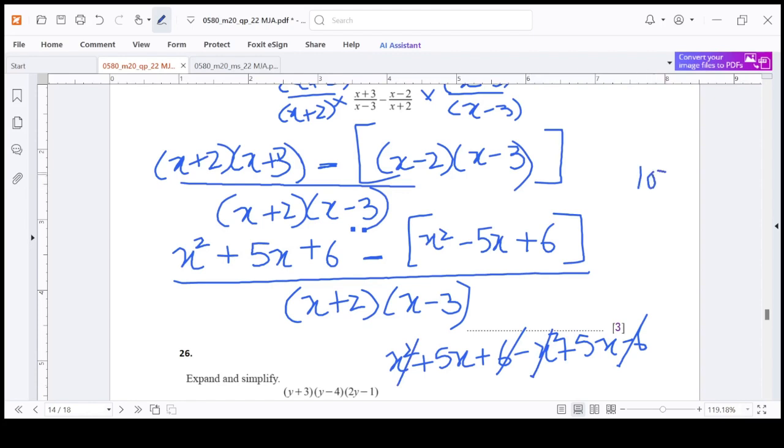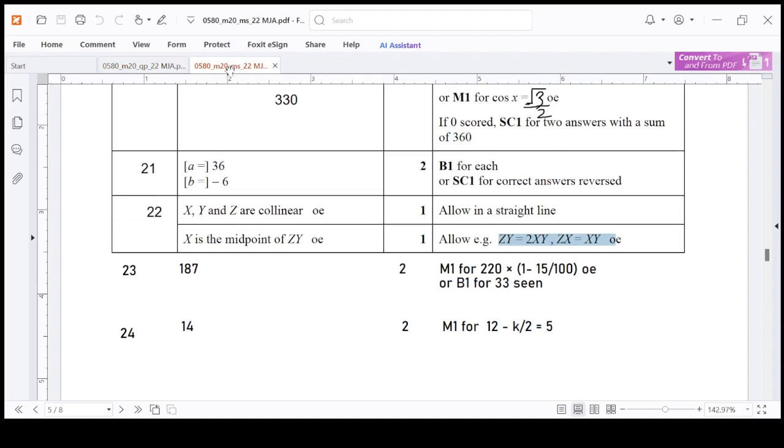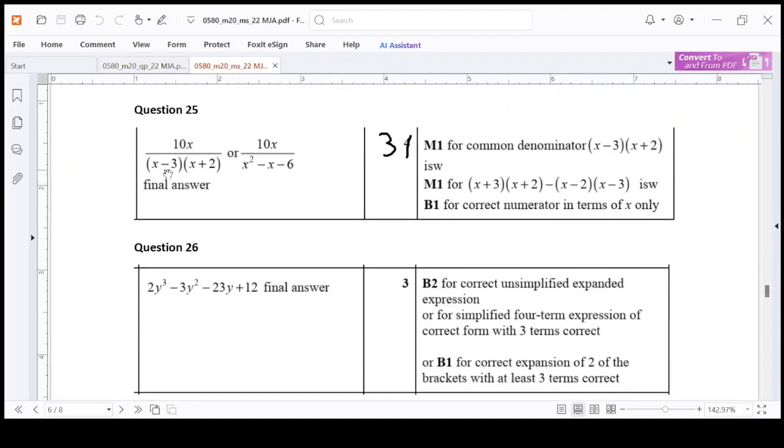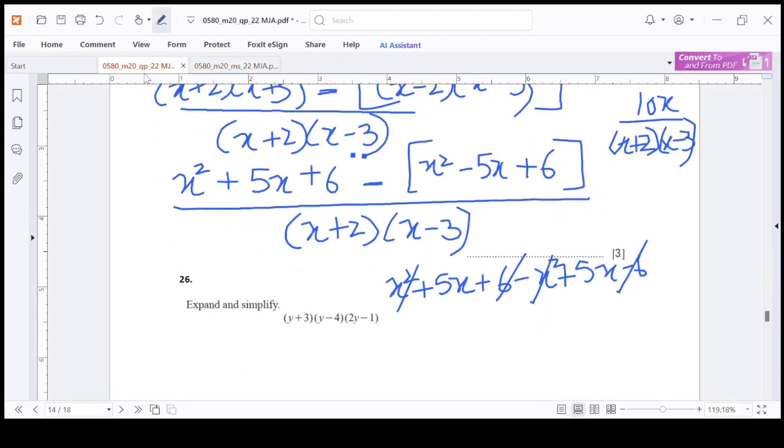So we're getting 10x upon the two brackets, x plus 2 and x minus 3. Let's check. Yes, 10x upon x plus 2, x minus 3. They said that even if you expand the denominator, it's fine. But we'd rather not. Why waste time expanding it?